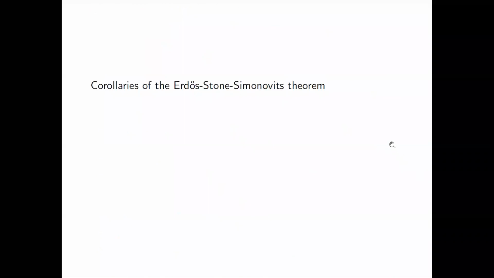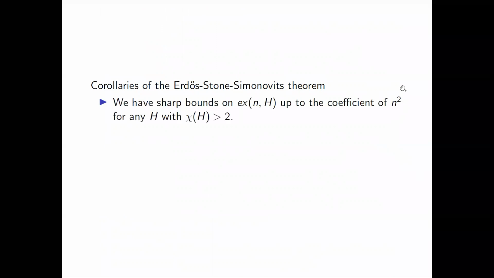So we're going to look at a few corollaries of the Erdos-Stone-Simonovits theorem. So like I mentioned before, for any graph H where the chromatic number is greater than 2, we have sharp bounds on its Turan number now, up to the coefficient of the n squared. So we know what the coefficient of the n squared should be. In particular, we can discuss the odd cycles, all of them now.